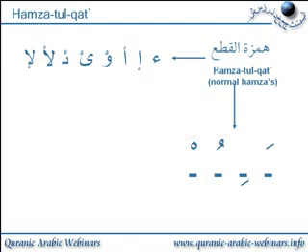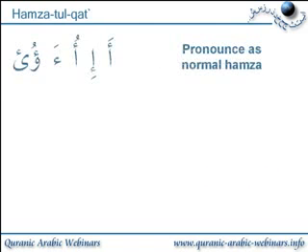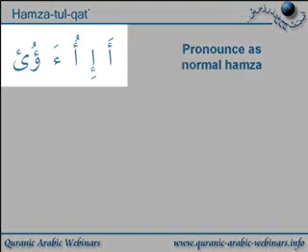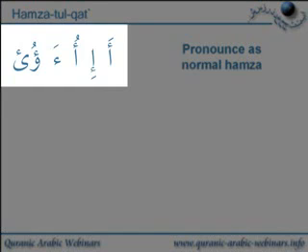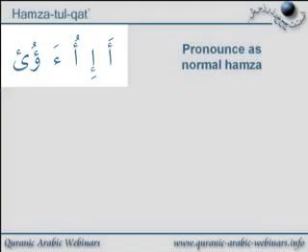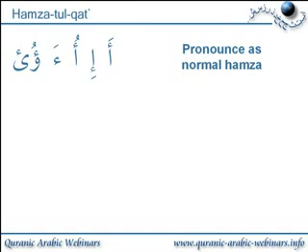Okay. So here's a few examples. We've got the A, E, U, A, U, etc. And the main point here, and we've covered this before, is the Hamza will always be pronounced as the Hamza. Even if it's sitting on a Waw or a Ya, they're still pronounced as a normal Hamza.